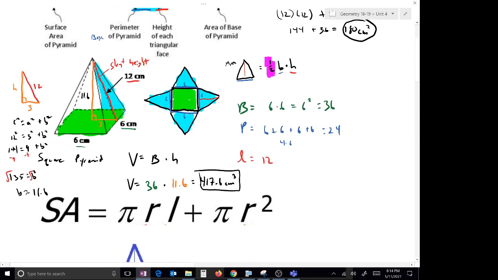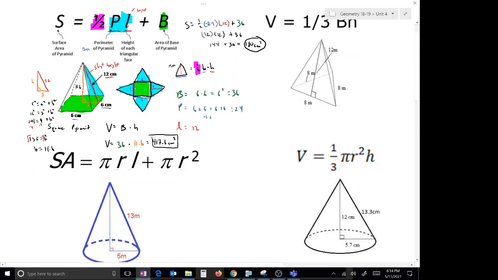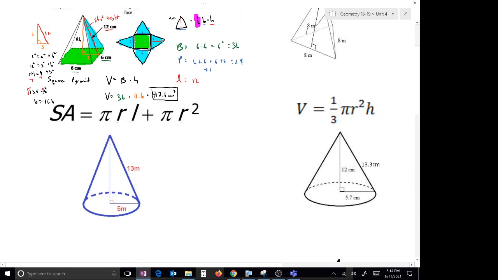Let's look at surface area and volume of cones. A cone, if we were to unwrap it, would have a circular base like this, and then has this kind of weird wedge shape attached. And that's actually the net of a cone.